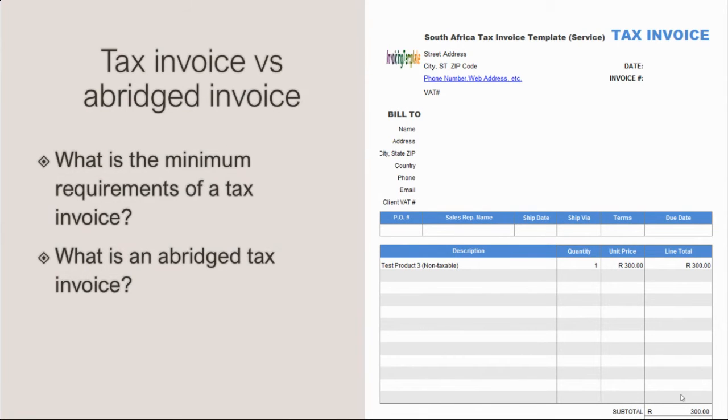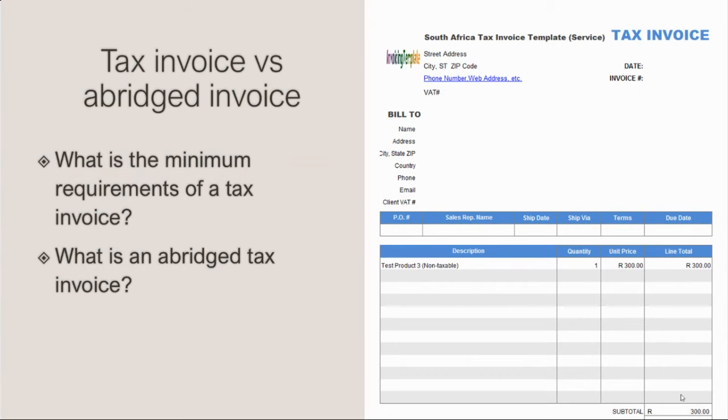So what are the minimum requirements for a tax invoice? So what do you need to show on the tax invoice for it to be a valid tax invoice? Okay, so Bernice says it needs to be 5,000. Okay, so Bernice, just remember, when we talk about the 5,000 limit, that is not necessarily to do with the requirements for a valid tax invoice.